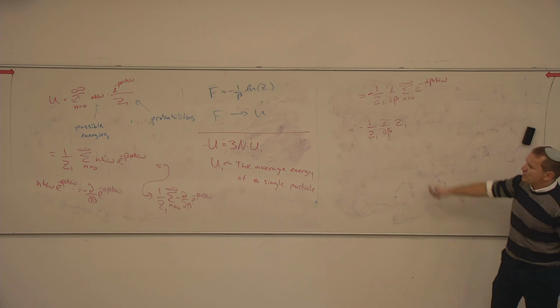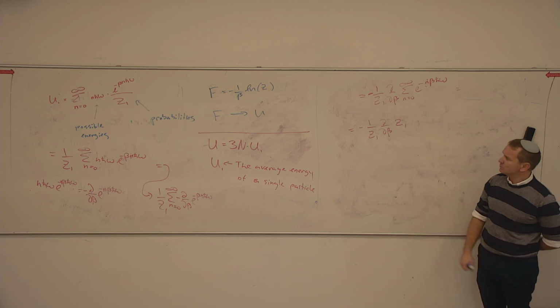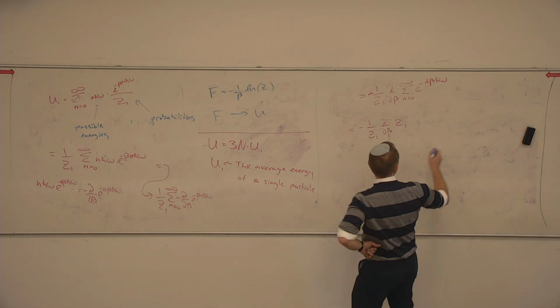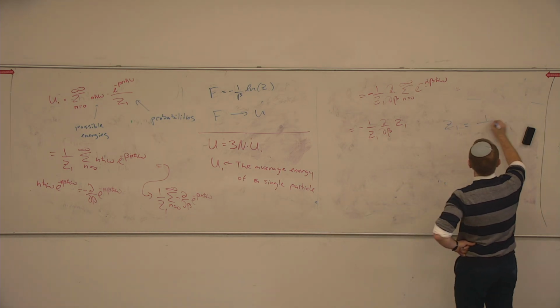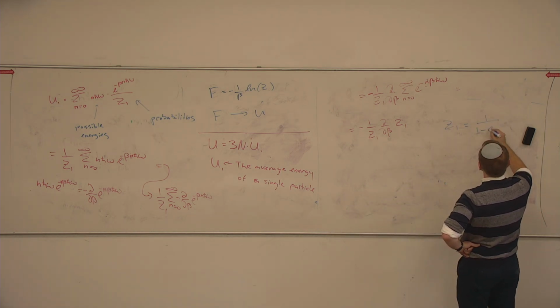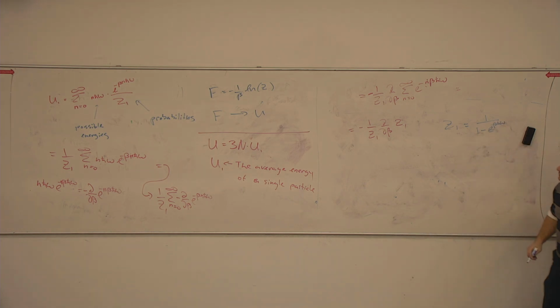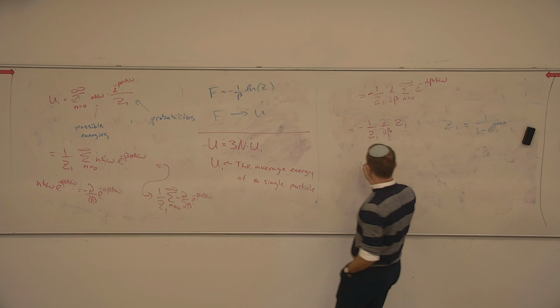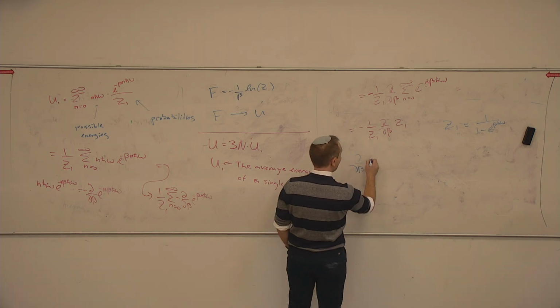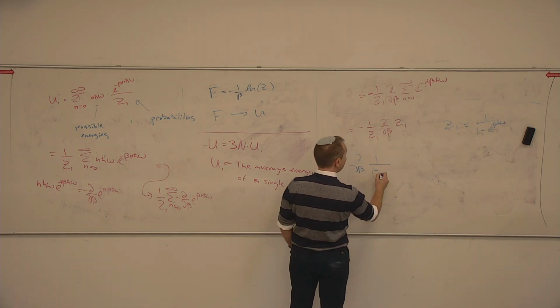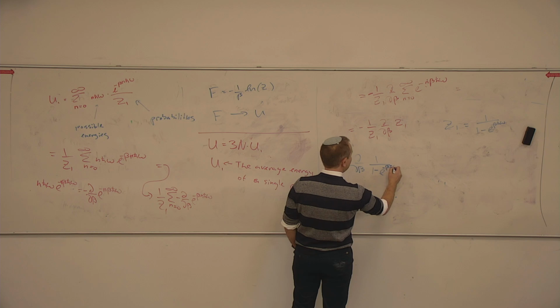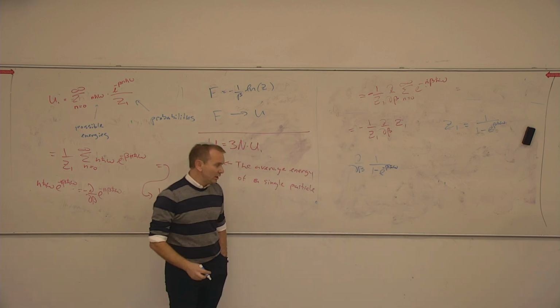All right, so we know what z1 is. Let's take the derivative. I remind you, z1 is 1 over 1 minus e to the power minus beta h bar omega. So d by d beta of this is what?